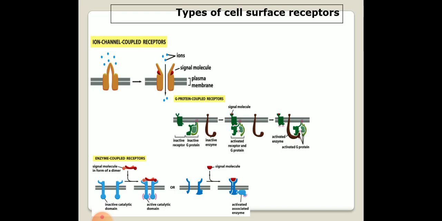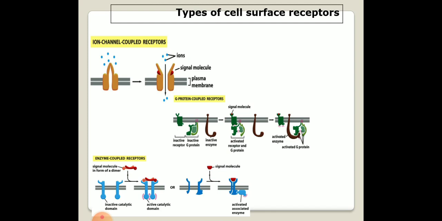Now we have 3 types of cell surface receptors. Cell surface receptor means present on the cell surface, present on the plasma membrane. The first type of cell surface receptor is ion channel coupled receptors. They are also called ionotropic receptors.